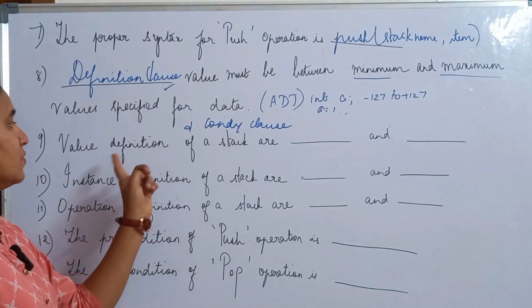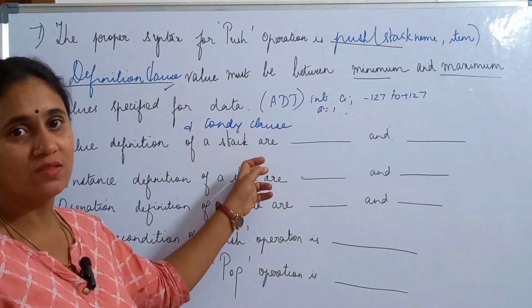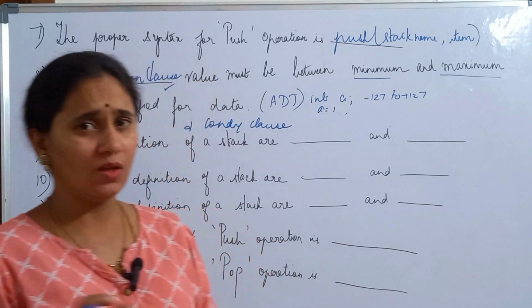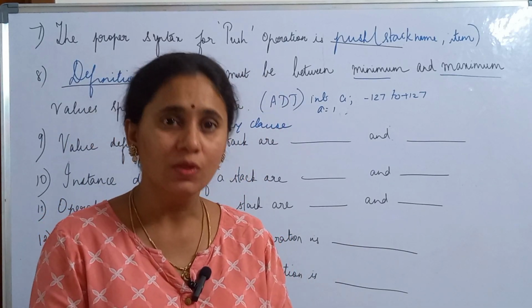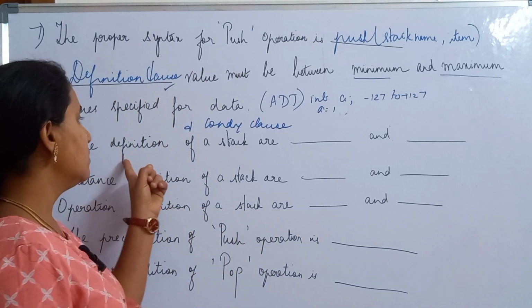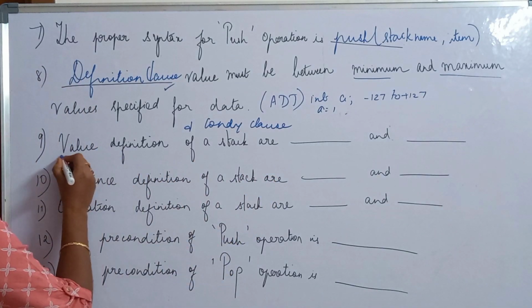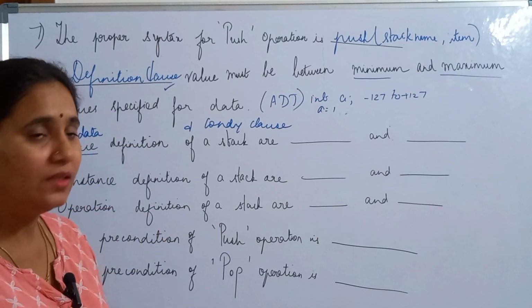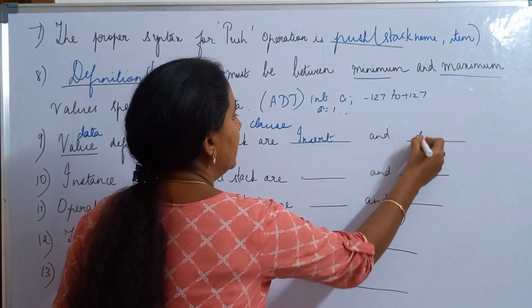So under this value definition of a stack, what type of data will we be inserting? We are going to use insert and delete operations. What are we going to do? We are going to insert a value and delete a value by using push and pop operations. So the answer for the value definition of a class is that we are inserting a data and deleting a data.